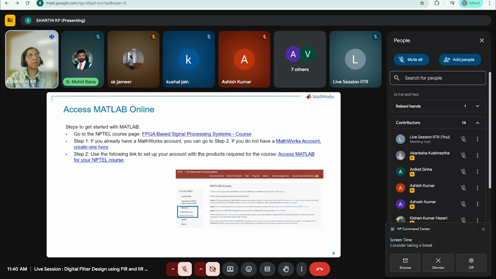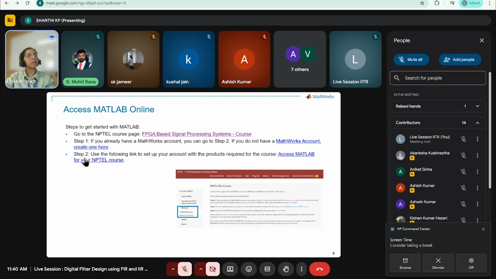So you go to the FPGA based signal processing course page on NPTEL, and you can find an option called MATLAB. Okay, here I'm on the FPGA based signal processing course page.